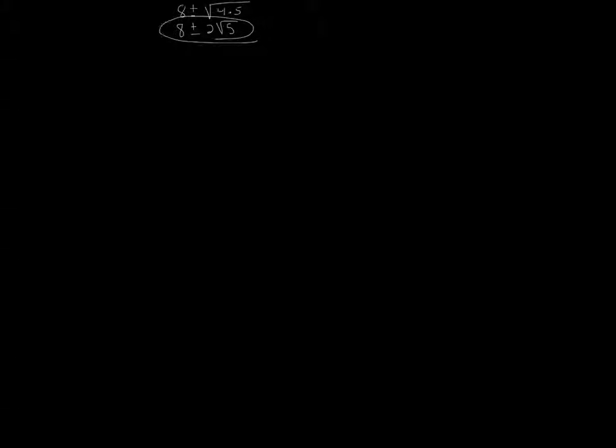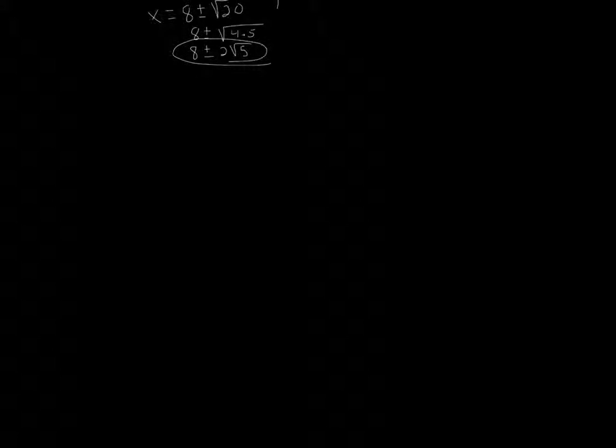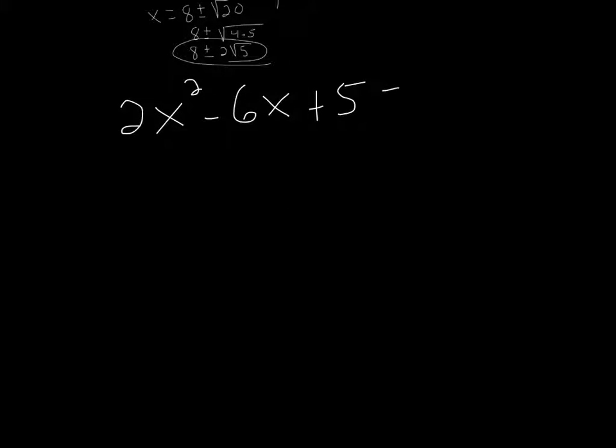Number 2, you're going to use the quadratic formula. I don't know why. So 2x squared minus 6x plus 5, we'll set it equal to 0, whatever.